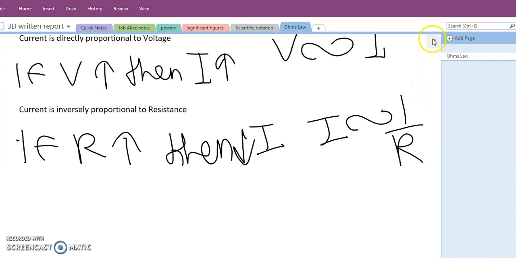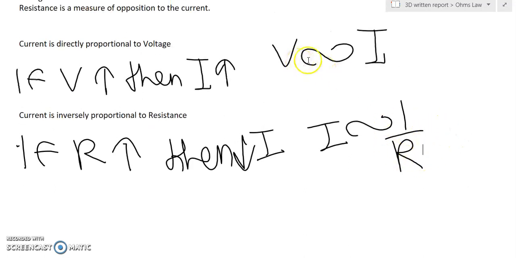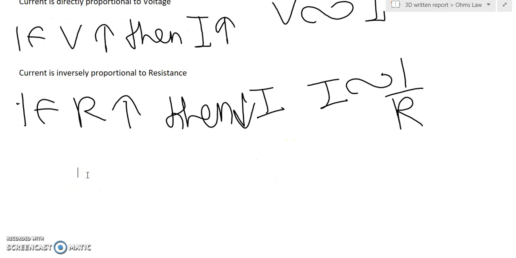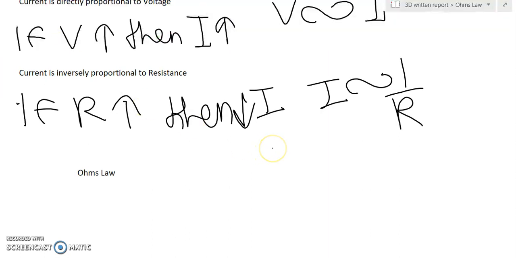We need something that can give us a nice equal sign. And it turns out that when we merge both of these expressions together, we get what is called Ohm's law. And that is a relationship that actually has an equal sign in it. And this is Ohm's law. Current equals voltage over resistance. Very, very simple.